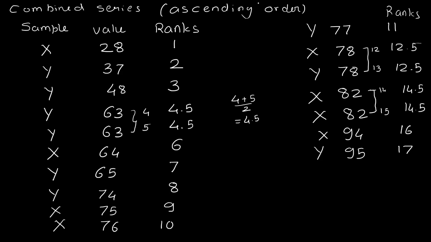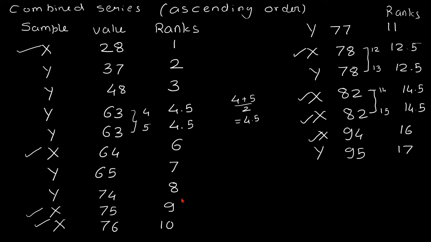Whatever these x terms are, this is from x, this is from x, this one is from x. I will check all the ranks of them. That is for this first value 28, it is 1, then for this it is 6, then it is 9, then it is 10. And I will add them all.